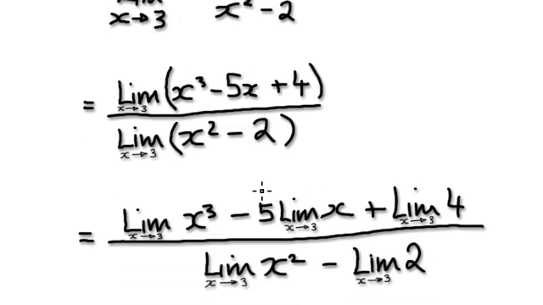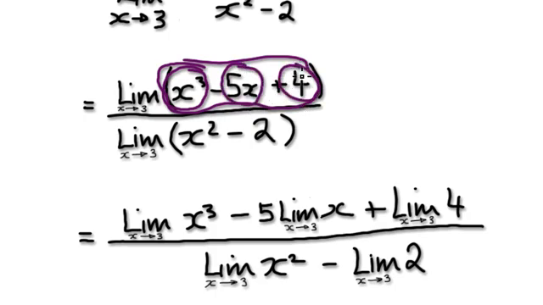Then use one of the laws to break this bubble up. At the moment you've got this bubble. One of the laws says that you can break it up like this.